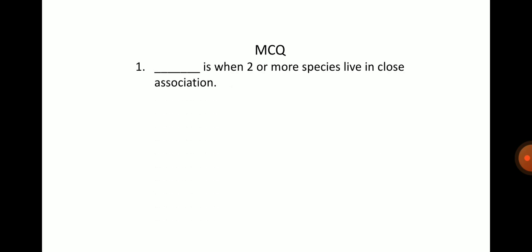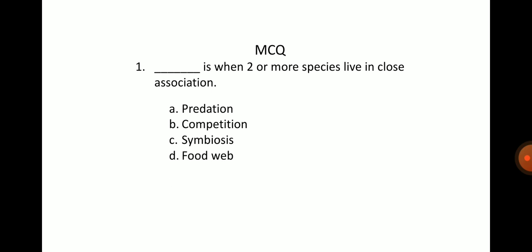The first question being, dash is when two or more species live in close association. The options are A, predation, B, competition, C, symbiosis, and D is food web. Can you guess the answer? So the answer is option C, symbiosis.